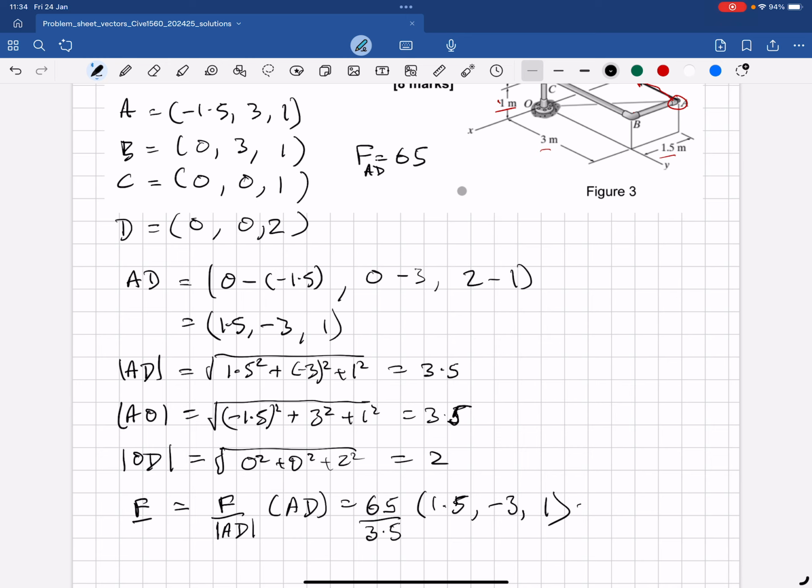We could write that out explicitly, or we could leave it as fractions. I'll just write it for you: 27.9, minus 55.7, 18.6.